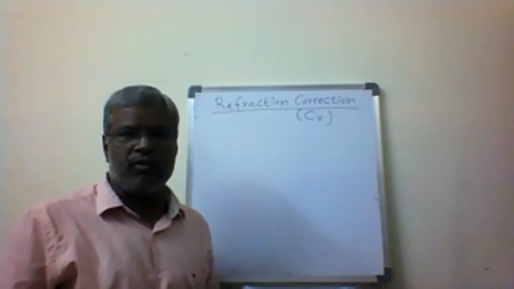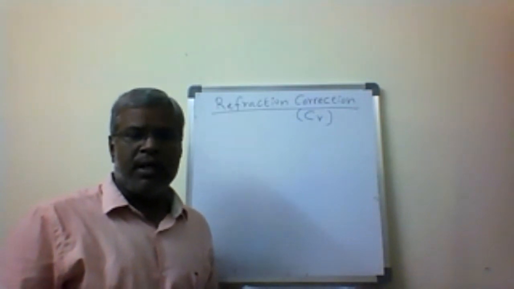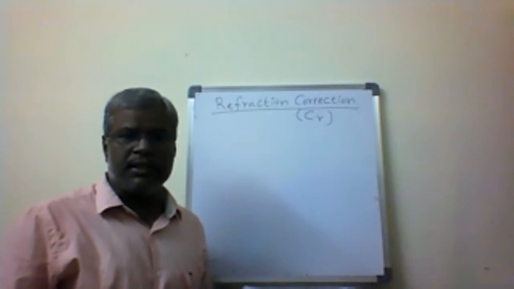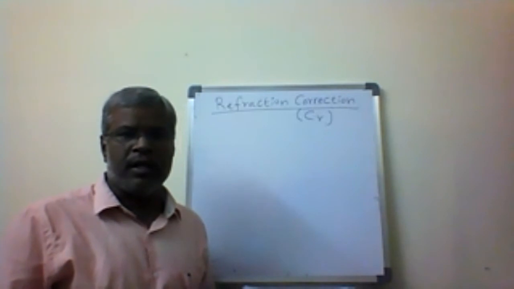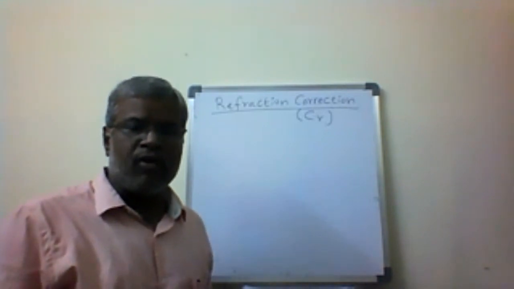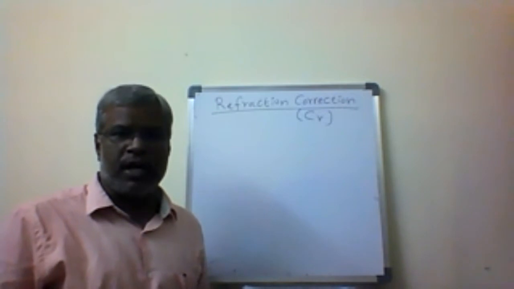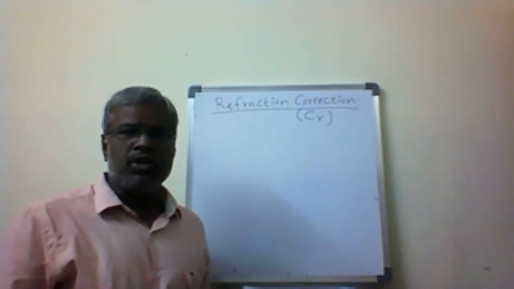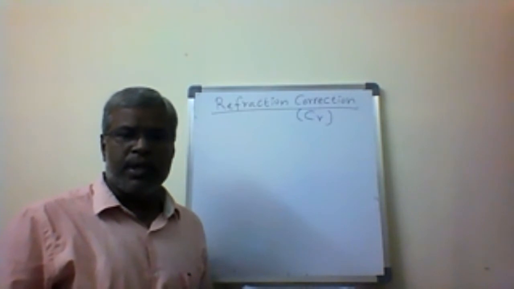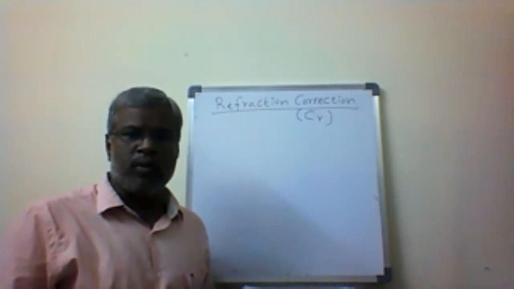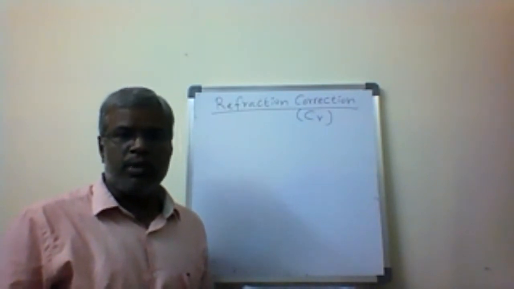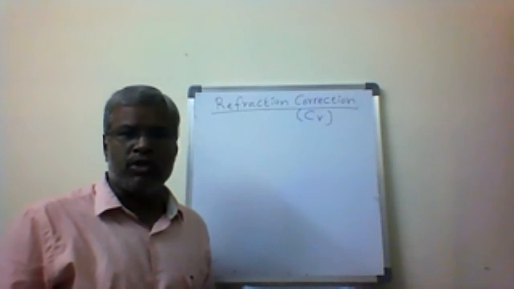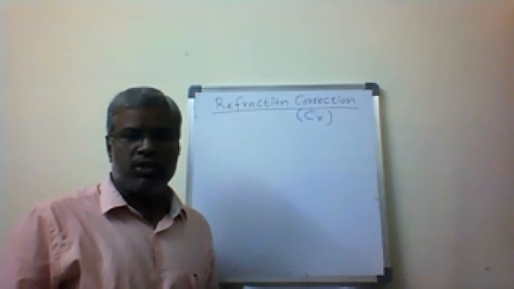Why is refraction correction additive? The staff reading will be more than the actual value, because the light rays from the telescope are refracted by the varying air densities over long distances. So the correction is additive, or positive, while the curvature correction is negative.